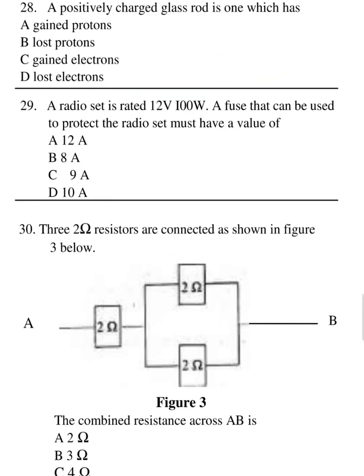In number 28, a positively charged glass rod is one which has A, gained protons, B, lost protons, C, gained electrons, D, lost electrons. In the case of charged bodies, the charging is never caused by motion of protons, rather motion of electrons. Electrons are negatively charged, and whenever a body is charged, either electrons move to it or it loses electrons.